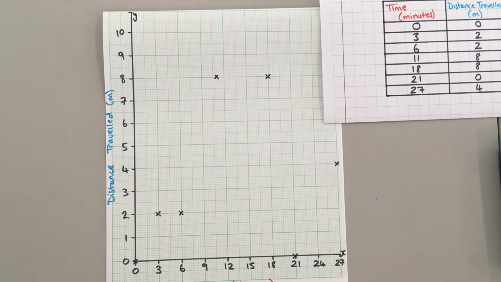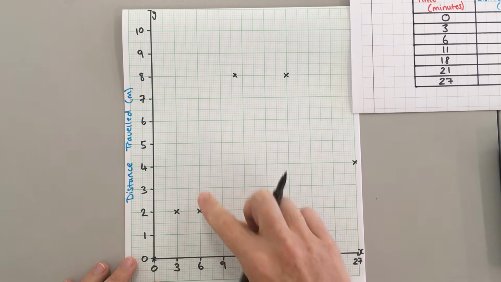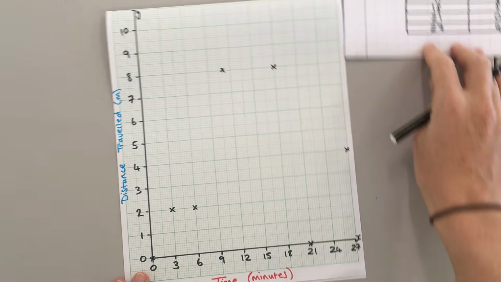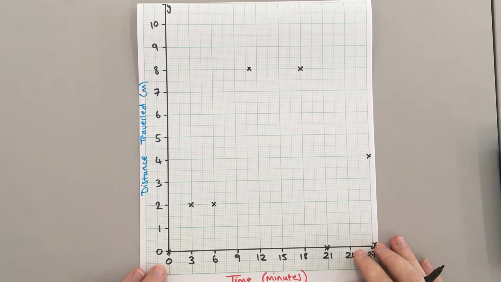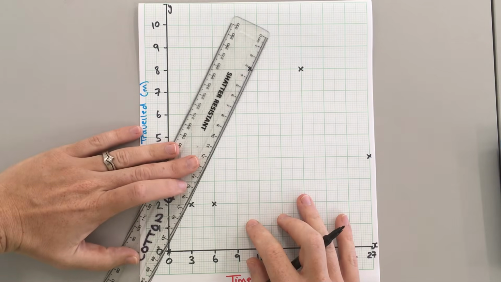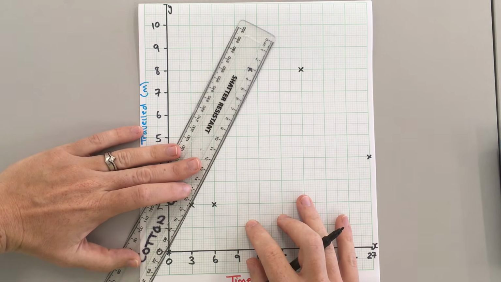Now, because this is a line graph, I'm going to join these points up with a ruler. If this was a scatter graph, I'd do a line or curve of best fit. So using my ruler, I'm aiming for the middle of the x's.